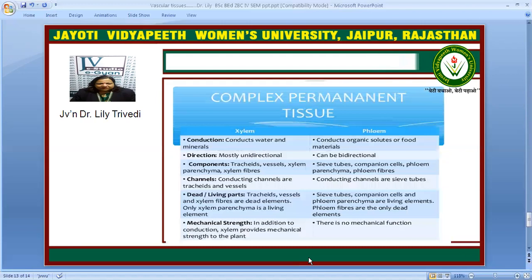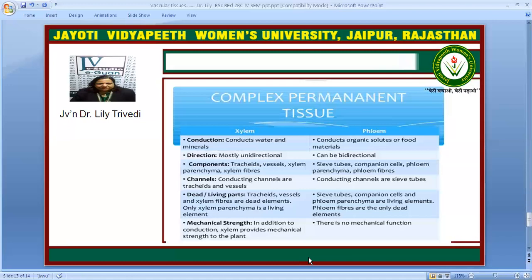material. Xylem is unidirectional, phloem is bidirectional. Xylem consists of tracheids, vessels, xylem parenchyma, and xylem fibers, whereas phloem consists of sieve tubes, companion cells, phloem parenchyma, and phloem fibers. Xylem has dead and living parts.